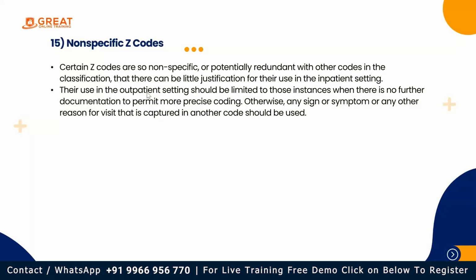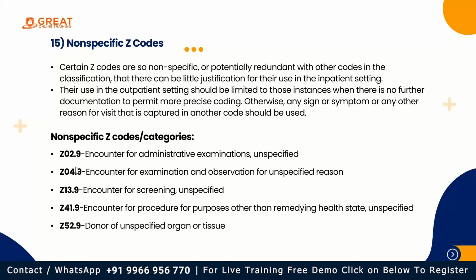Their use in outpatient setting should be limited to those instances when there is no further documentation to permit more precise coding. Otherwise, any sign or symptoms or any other reason for visit that is captured in other codes should be used. Examples are G02.9 encounter for administrative examination, G04.9 encounter for examination and observation for unspecified reason.